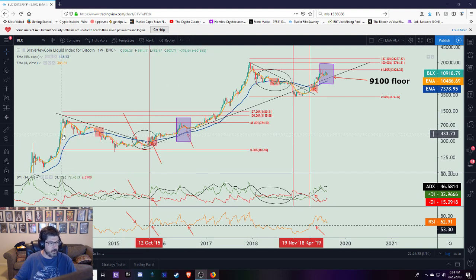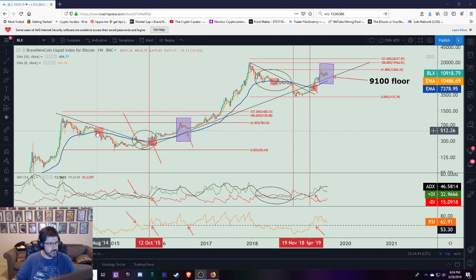The areas that I like to see: take a step back. The orange is the 8 exponential moving average against the 55, and I really like this crossover because, in the red boxes I have on here, the 55 exponential moving average is acting as support.